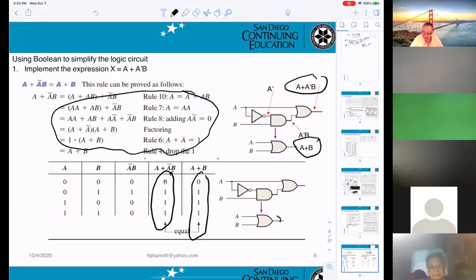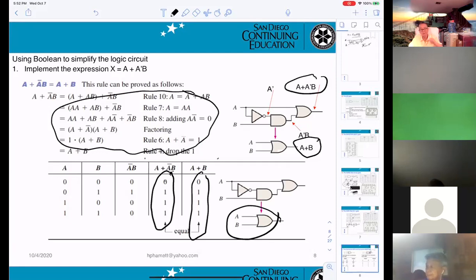However, they need only one gate, so they can say two gates saved. Any circuitry design must go through this process. However, you will learn today to use the Karnaugh map. The K-map is easier to do.